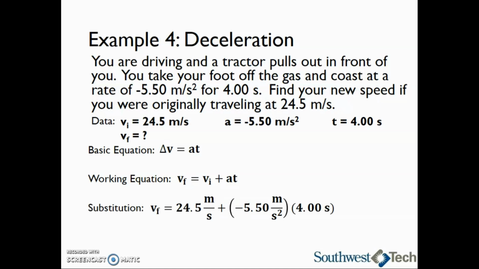This gives us V sub f equals 24.5 meters per second plus negative 5.5 meters per second squared times 4 seconds. Make sure you don't forget the negative sign on the acceleration, since we are actually looking at a deceleration. This should give you a final velocity of 2.5 meters per second. This concludes our lecture and examples on acceleration.